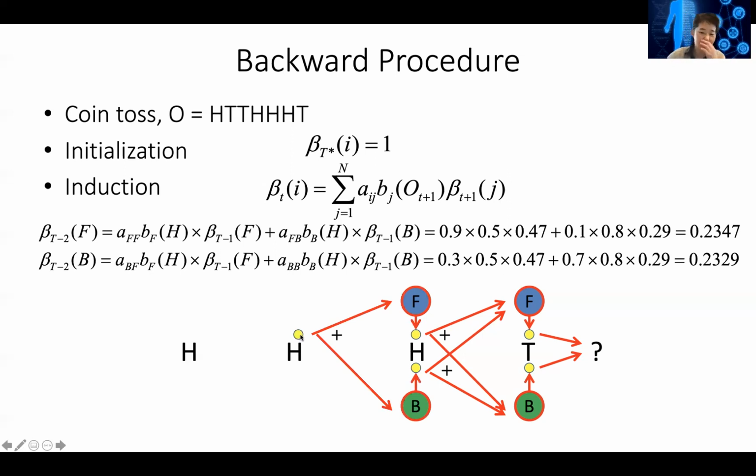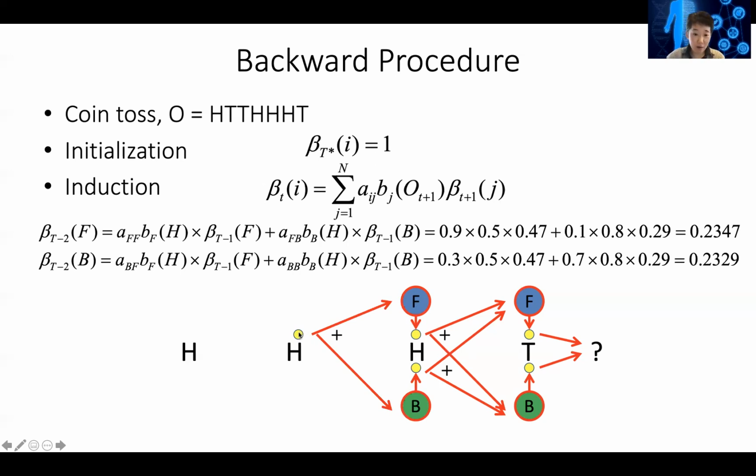For the previous coin, again, transition from fair to fair, the fair coin emits a head, and then I will inherit the beta numbers because that will calculate everything after it, using this as a fair coin to get a head and tail.